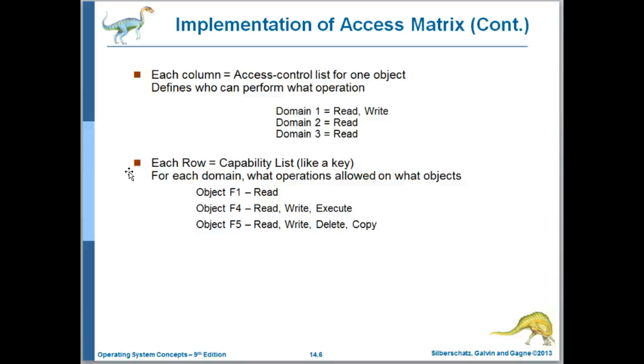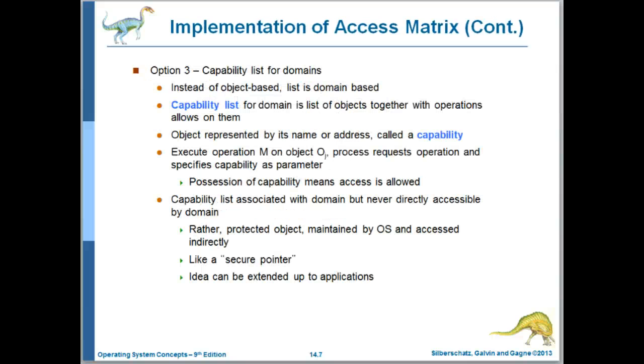These capabilities define what operations a particular domain is allowed to apply to an object. So option 3 is the capability list, which for each domain is a set of ordered pairs consisting of object and access rights. In this instance, we're collapsing out the empty entries of a row of the access matrix.